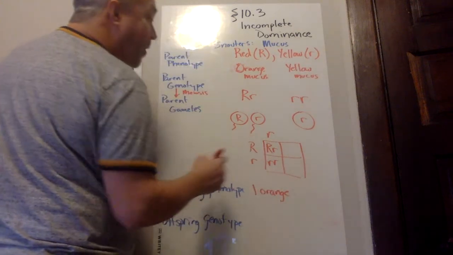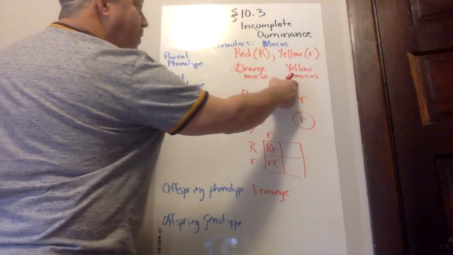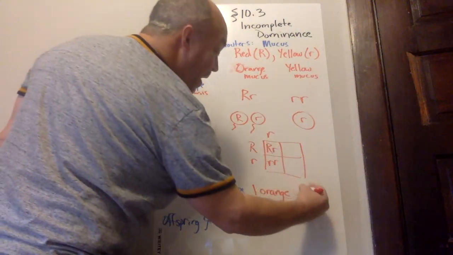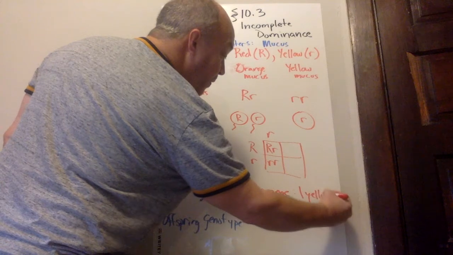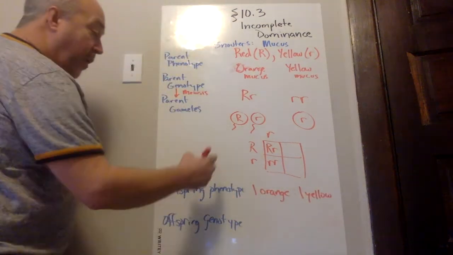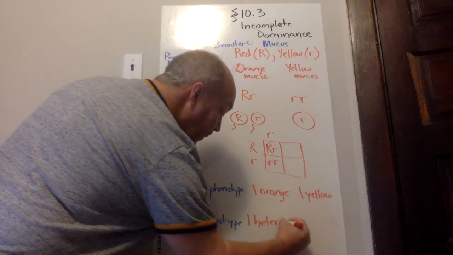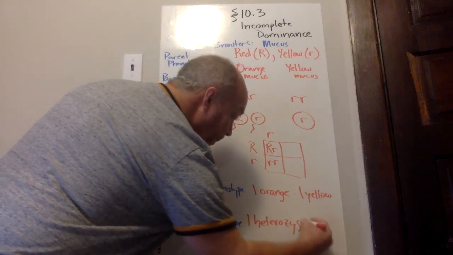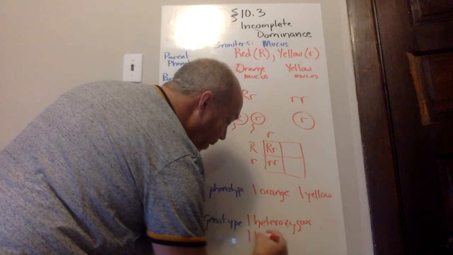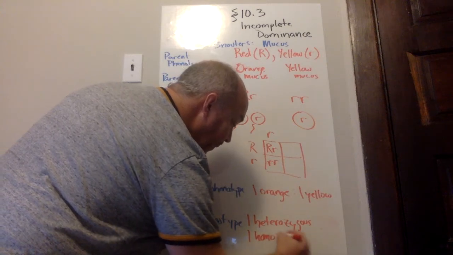And we have one zygote that got two recessive alleles, so they have to be like the parent, and they would have yellow mucus. Their offspring genotype, the orange are heterozygous, and the yellow are homozygous recessive.